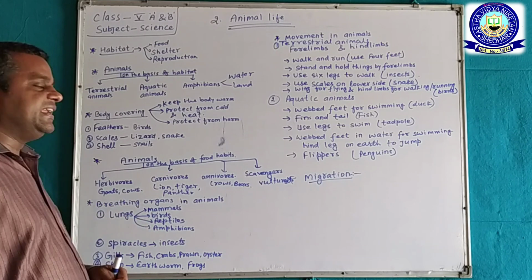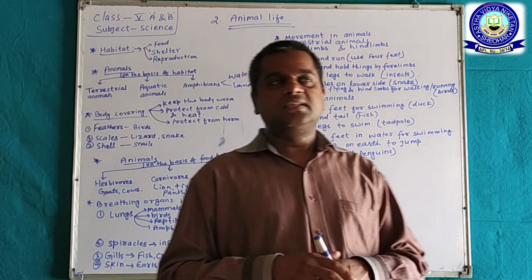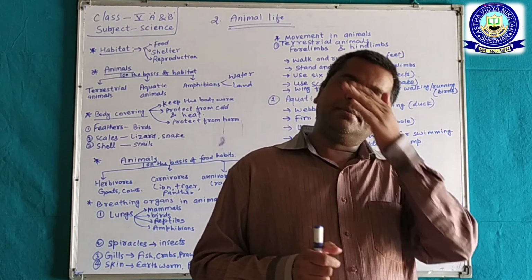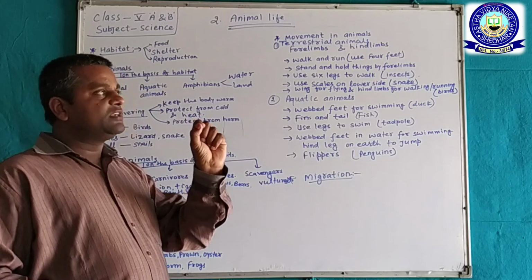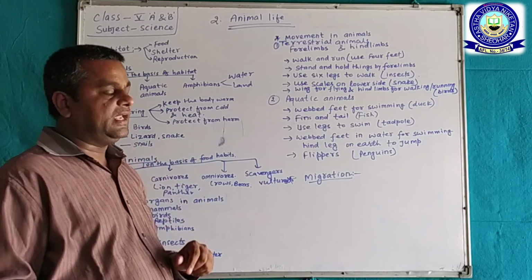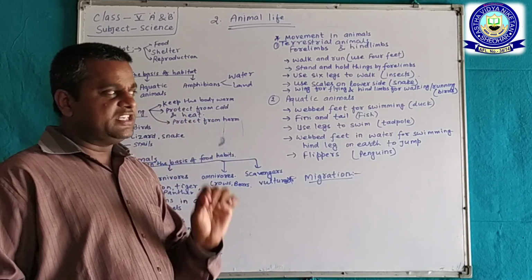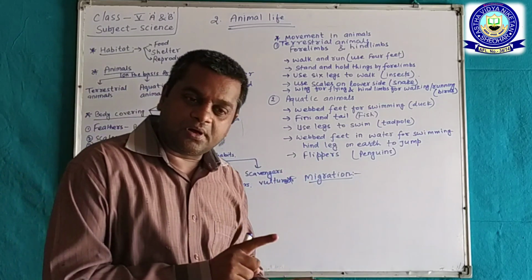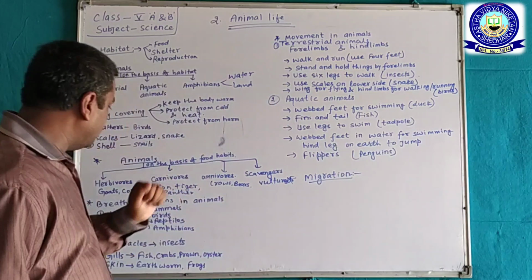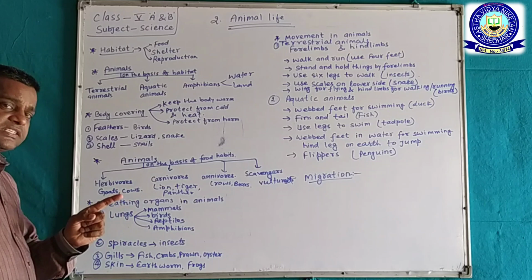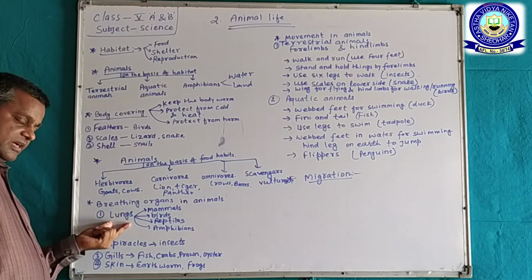Now breathing organs in animals. There are different kinds of breathing organs found in animals. As we see, those animals which live on the land, those animals which live in water, and those animals which live in both water and land. So we discuss that. Lungs, that is for terrestrial animals.